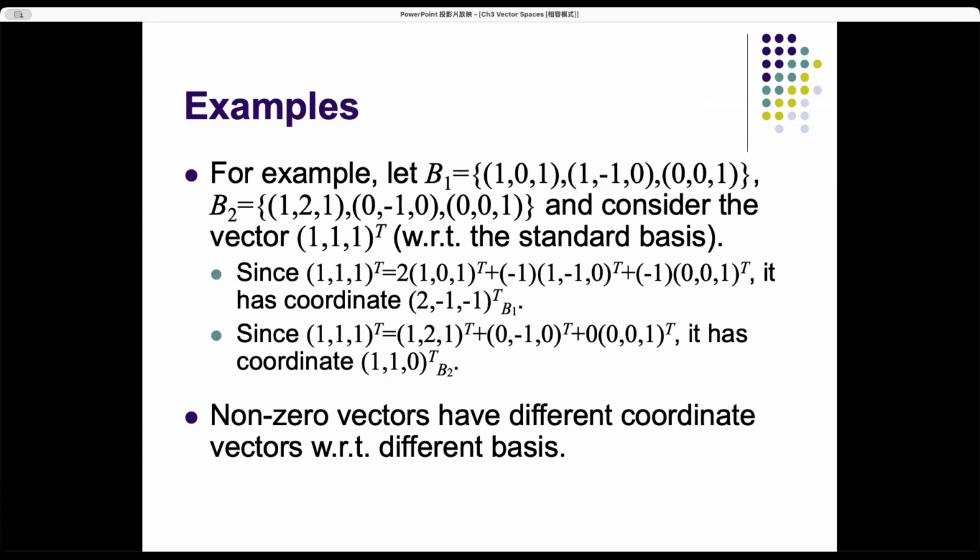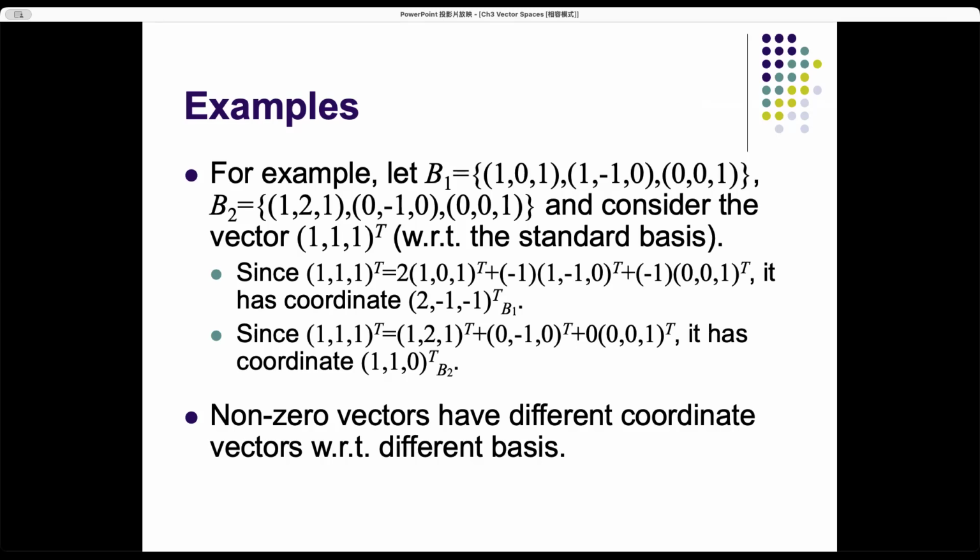To do that, you need to show they are linearly independent. And because it is R3 and they have 3 vectors, once you show they are linearly independent, they must span R3.